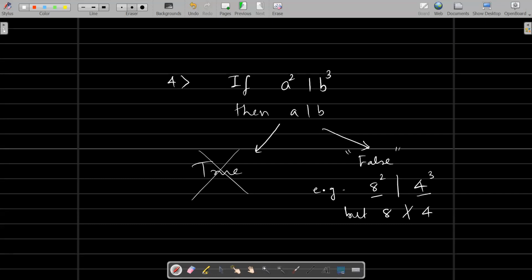Yes, sir. If A is less than B, will the statement be true? Why is that so?